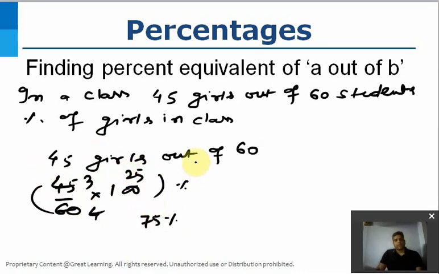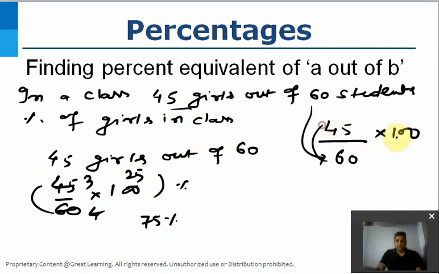Again, we have done the same thing. We have just converted the given scenario in terms of fraction. So 45 girls out of 60. The out of part always goes into the denominator. How many girls? This goes into the numerator, and then we multiply this by 100 to get the percentage value.